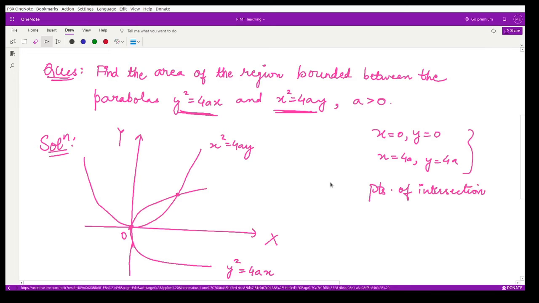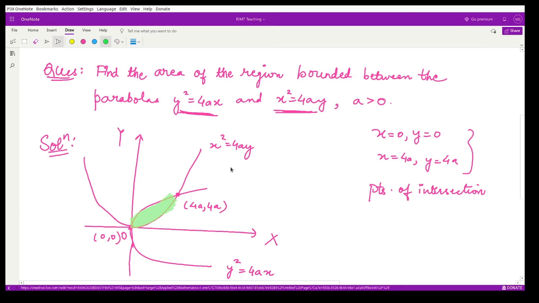This point is 4a comma 4a, and this point is 0 comma 0, that is the origin. So what is the region where we want to calculate this area? It is this particular region.